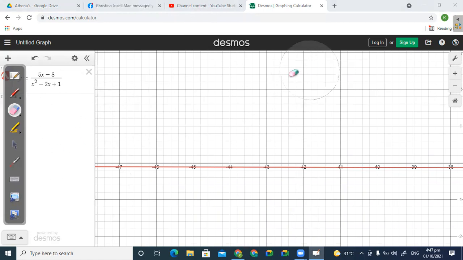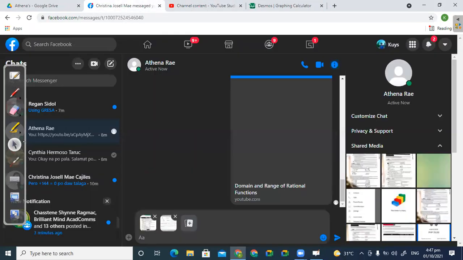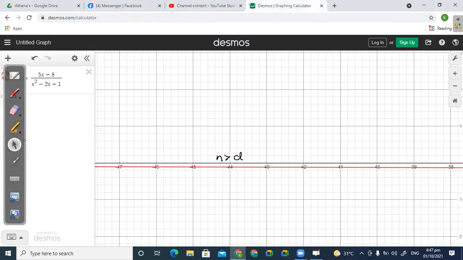Magiging ganun naman siya kapag yung degree naman ng numerator... Ayan, so letter C. If the degree of the numerator is greater than the degree of the denominator, no horizontal asymptote can be found kasi oblique siya. Slant siya. Tingnan natin ha. Baligtarin natin. Pwede nating i-reciprocal.